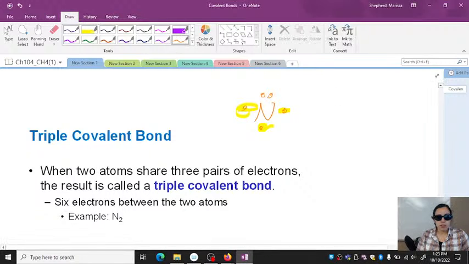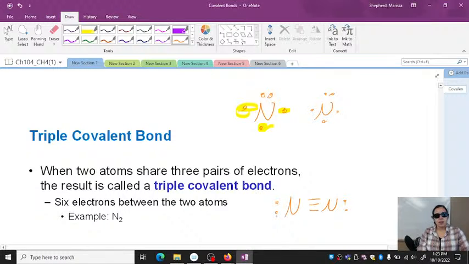If it's just looking at itself to bond, how many bonds would it make? 3, giving us a triple covalent bond.